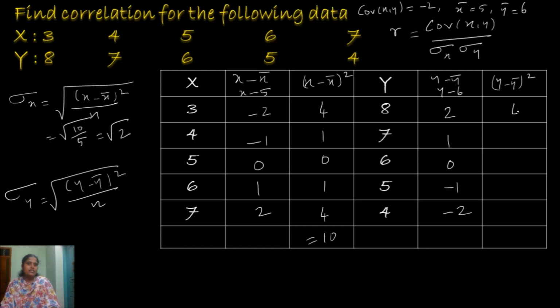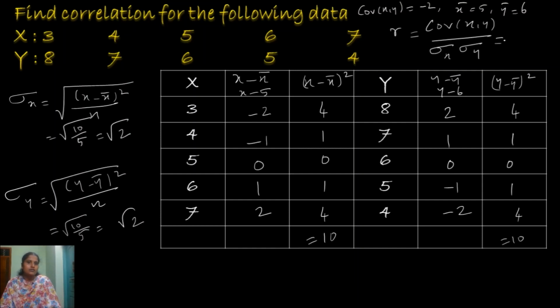When we square these values, we get 4, 1, 0, 1, 4. By adding all these values, you get the total as 10. That is 10 by 5. Square root of 10 by 5 is root 2. So here we get standard deviation of both x and y as root 2.